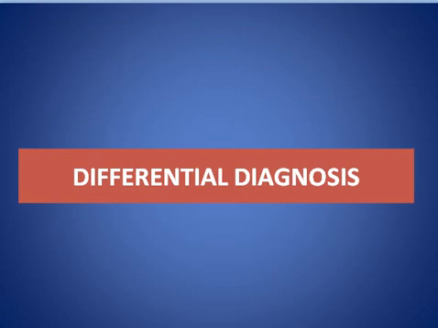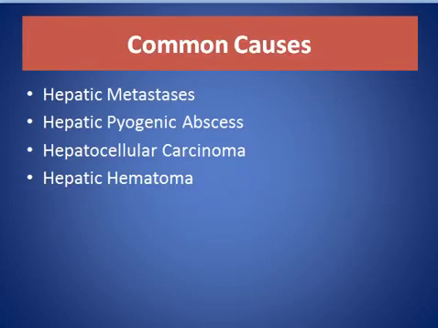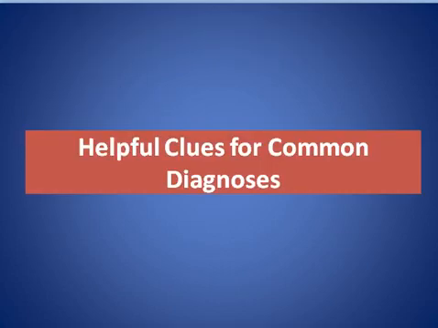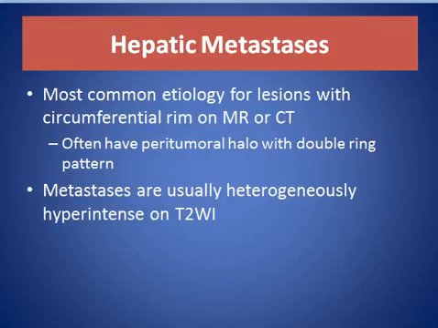What are the differential diagnoses? The common causes include hepatic metastases, hepatic pyogenic abscess, hepatocellular carcinoma, and hepatic hematoma. What are the clues for the common diagnosis?